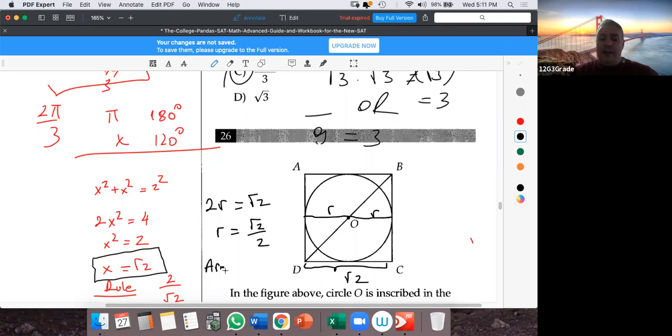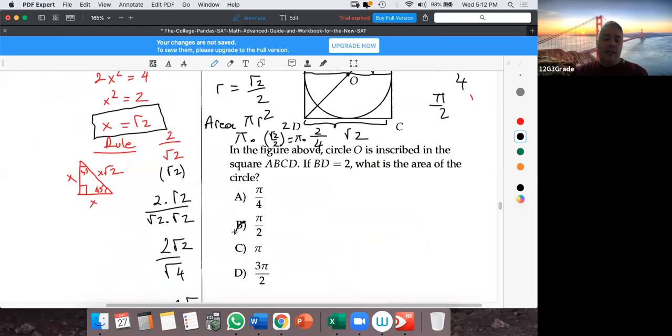Now area, pi r squared. Pi times root 2 over 2 squared. So it will be pi times root 2 squared, 2, over 2 squared, 4. Pi times 2 over 4, which is pi over 2. Do we have pi over 2? Thank God. Okay, this is the answer. Thank you, Usama.